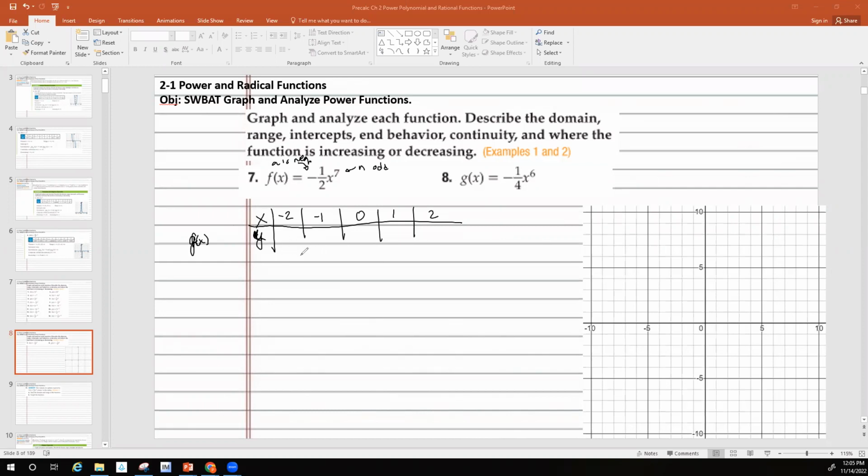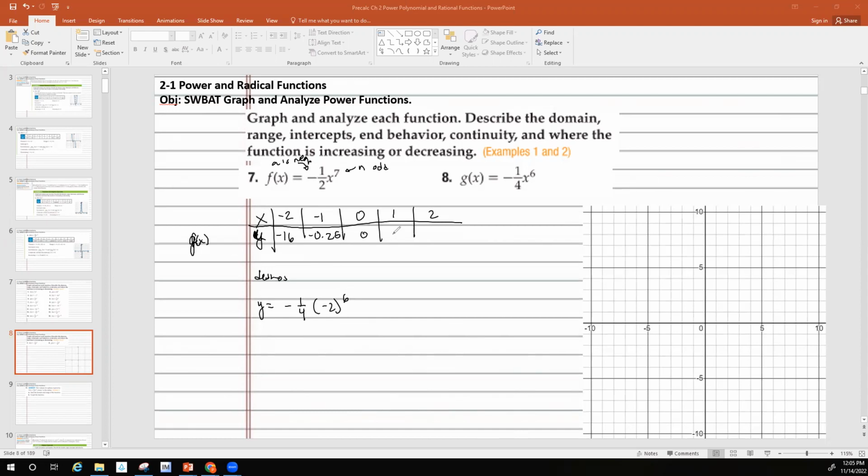So here we're starting. You just plug that into Desmos, just like last time, right? Y equals negative 1/4, parentheses, negative 2 to the 6th power.